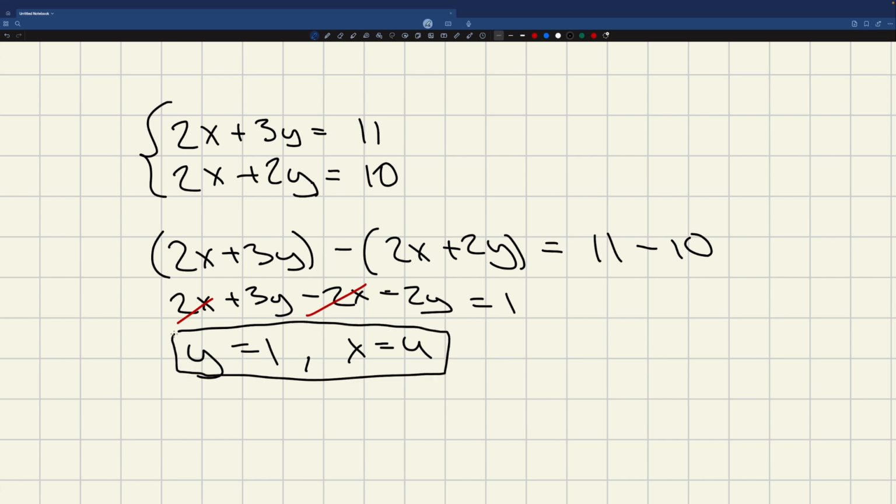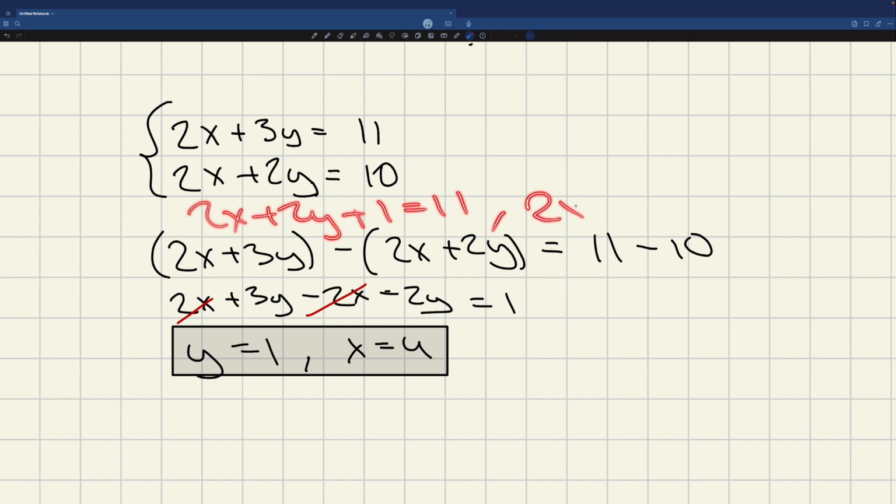So this way is a more advanced and I'd say a more smart way to approach simultaneous equations, is when you can get them to have a common digit, like here, like 2x, or even if we added 1 over here and added 1 over here, then you would get that 2x plus 2y plus 1 is equal to 11, and 2x plus 3y is equal to 11.